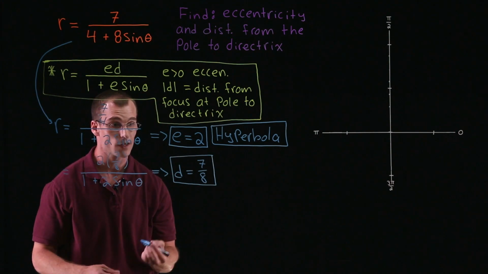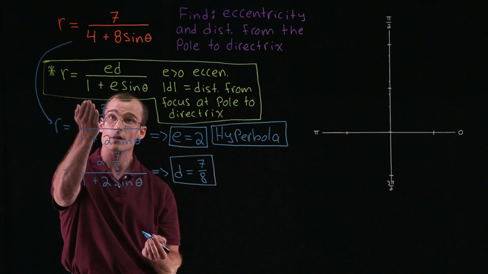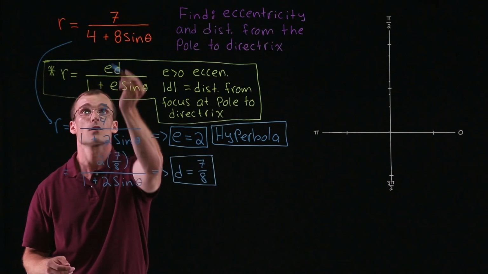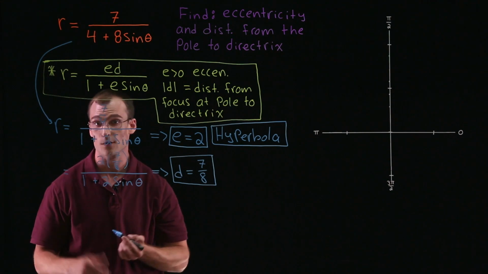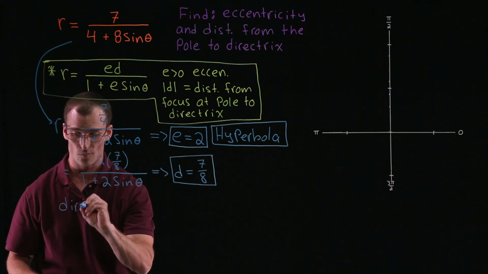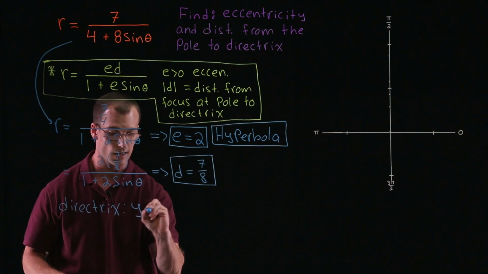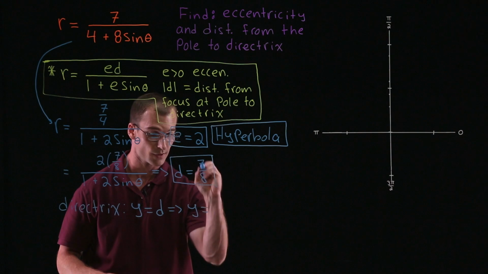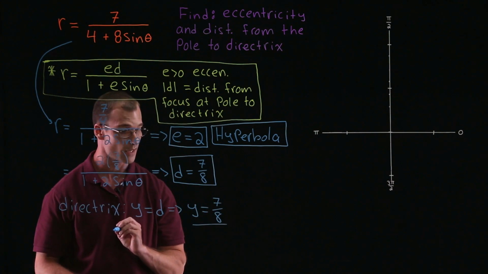We found those two things. Now we want to develop a sketch of this curve. Going back to the basic form of our polar equation, we see the plus sign, which says that we have a horizontal directrix, namely the line y equals d, which is 7/8. So we'll start by sketching our curve.